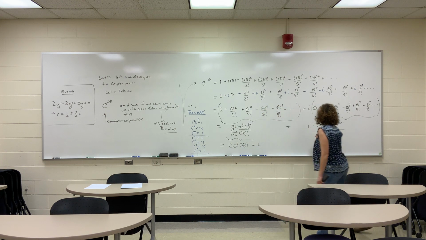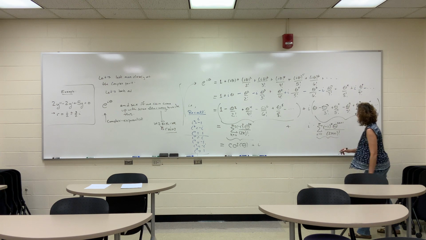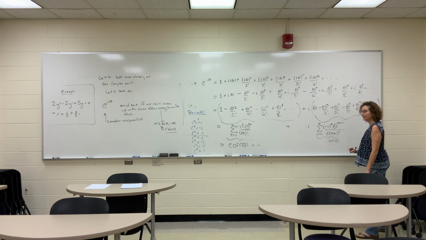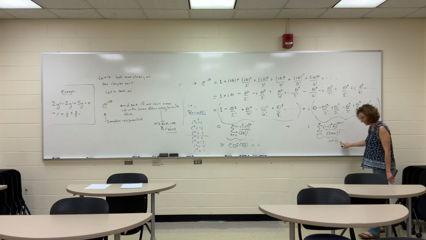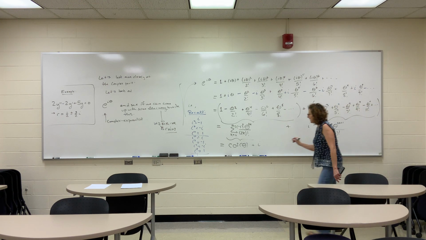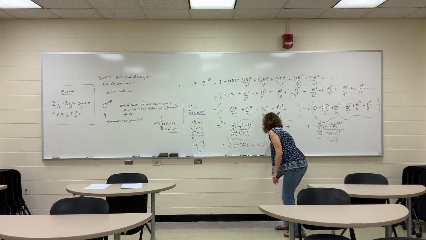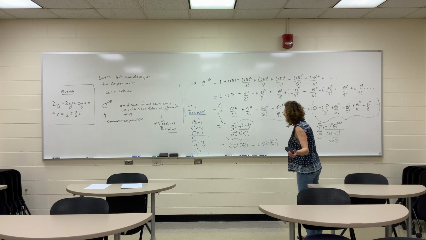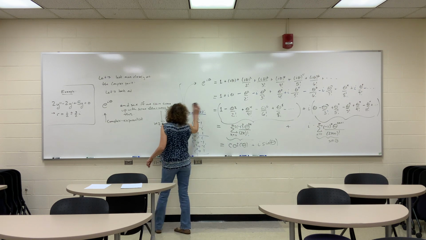And then, what is this guy? Awesome, this guy is sine theta, right? Again, this is the Maclaurin series for sine theta, which is valid from minus infinity to infinity, right? And so we get this magical formula. What did we just discover?